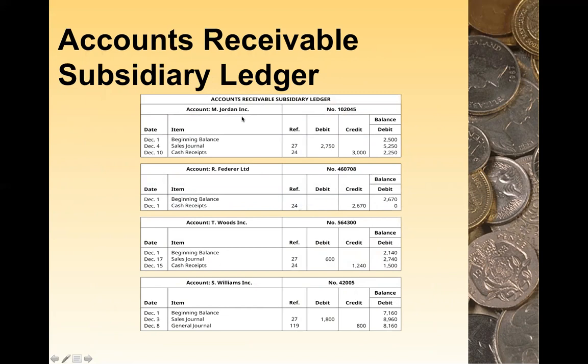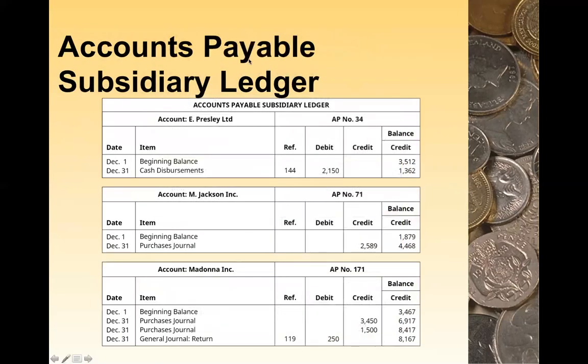So if you have 1, 2, 3, 4, apat na kliyente na may utang sa'yo, better gawan mo siya ng subsidiary ledger para madali nating matukoy kung magkano yung kokolektahin natin sa lahat ng ating mga kliyente na may utang pa sa atin.